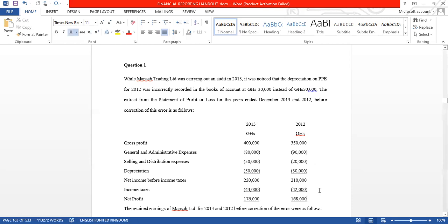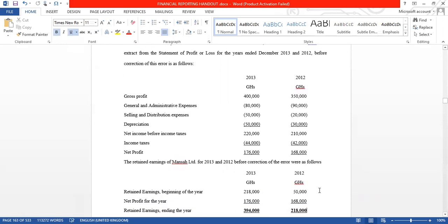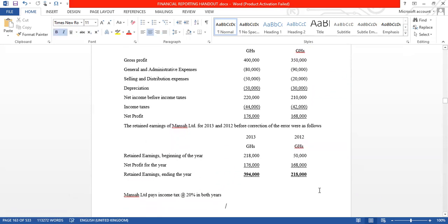Okay, so if we go down the question to continue to read, they gave us the retained earnings of Mansa, and that is what we have here, right? And they tell us that Mansa pays an income tax of 20% in both years.